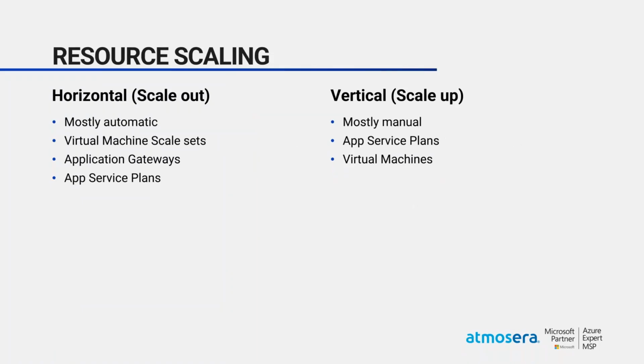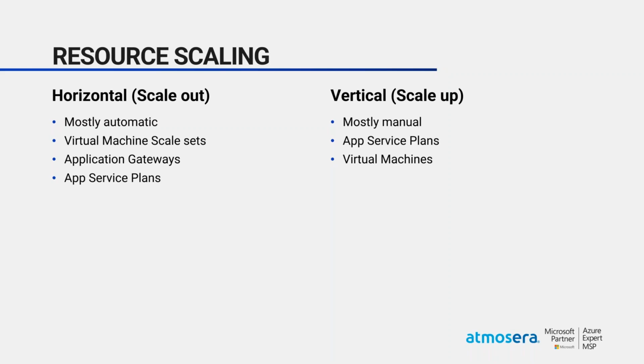I'm also going to suggest you use resource scaling. Horizontal scaling is mostly automatic. It applies to things like the virtual machine scale set, app gateways, and app service plans. What this means is my app gateway, I can have one instance of that application gateway running unless I start seeing a lot of load. When I start seeing a lot of load, I trip a usage percentage, and then Azure will automatically start up another application gateway.